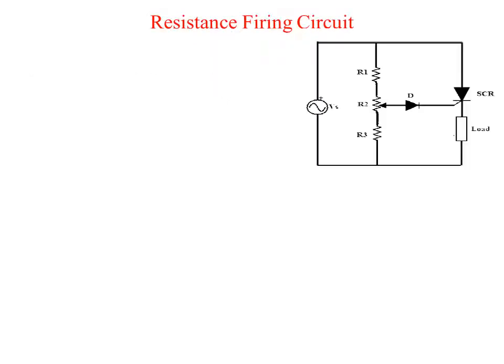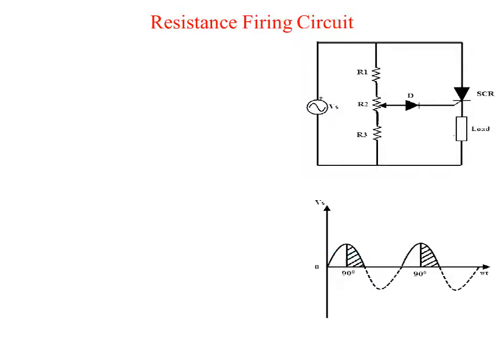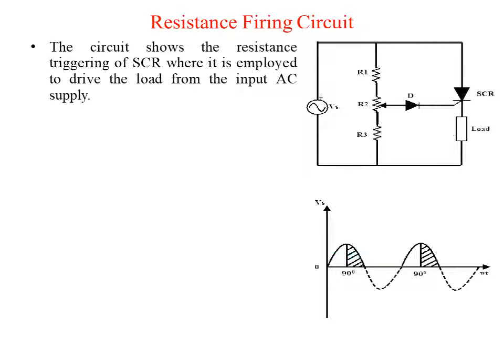Resistance firing circuit. The figure shows the circuit diagram for firing the SCR using resistance, and figure B shows its waveform. The circuit shows resistance triggering of SCR where it is employed to drive the load from input AC supply.